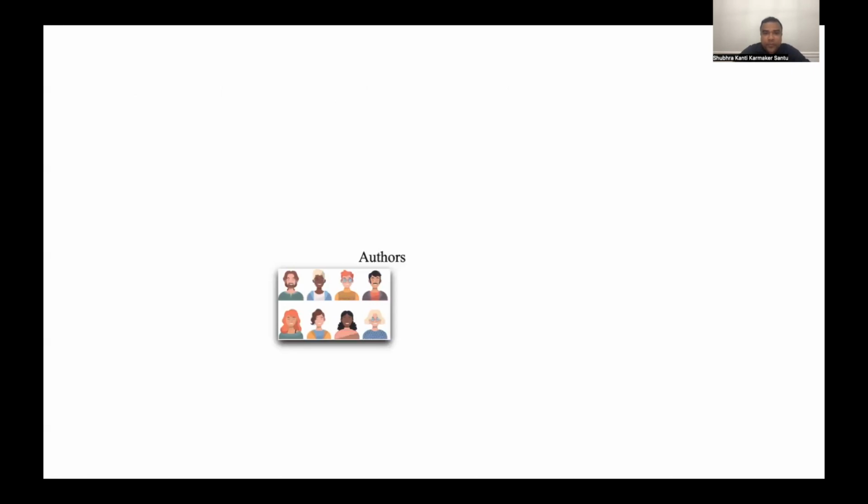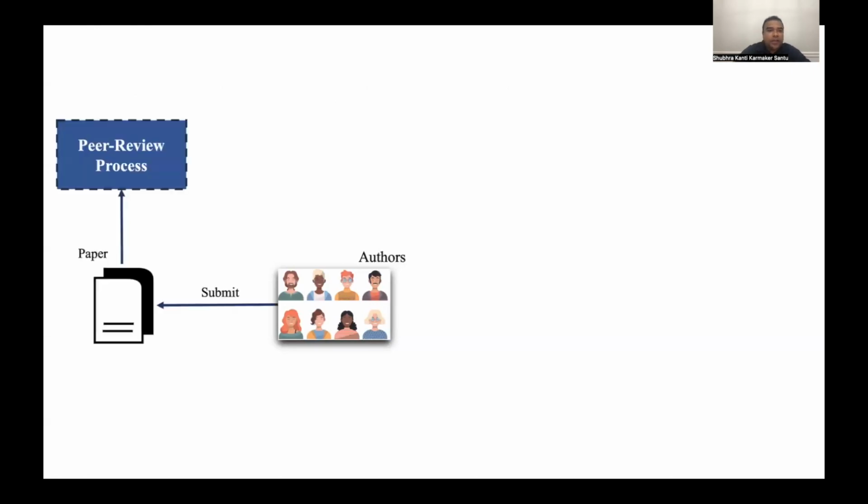So it again starts with the authors. Then the authors submit a paper to the ARR reviewing system, and the peer review process is conducted. When we say peer review process, it is basically the reviews and the meta reviews that happen, including the author rebuttal stage for ARR.